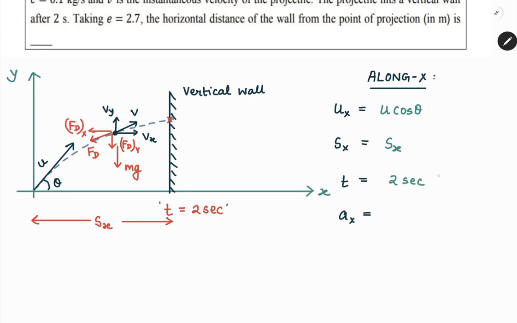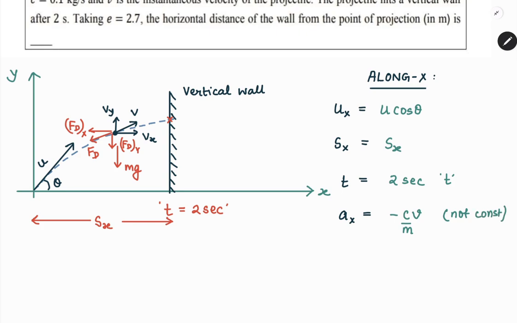For the time being we will take it as t, and later substitute 2 seconds. And acceleration along x-axis: there is no component of gravitational force along x-axis, so only the drag force is acting in this direction, which is minus CV, and we can divide this by m. But it must be noted that it is not constant.